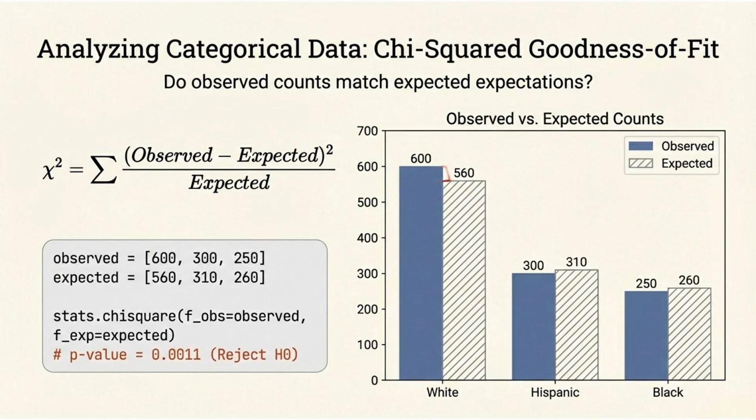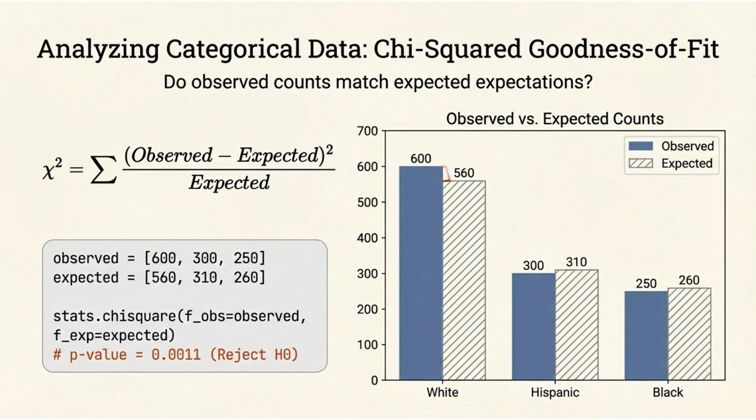Using Python, we apply the chi-square function by providing both observed and expected values. The output gives a p-value of 0.0011. Now, look at the bar chart on the right. The blue bars represent observed values and the striped bars represent expected values.